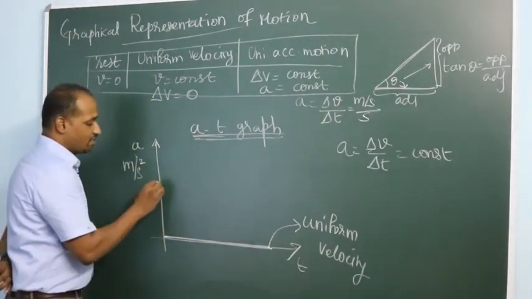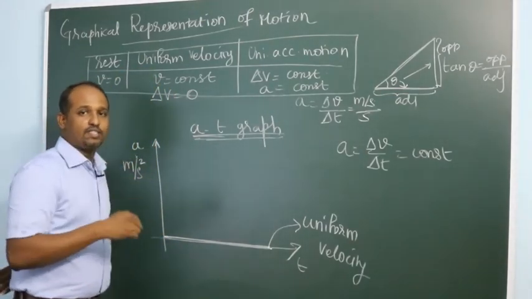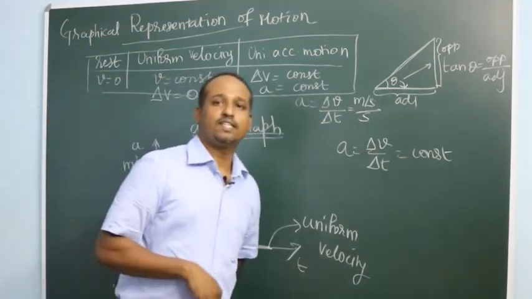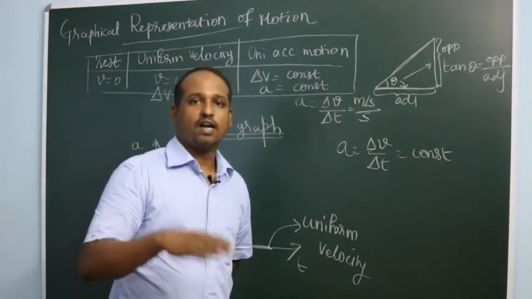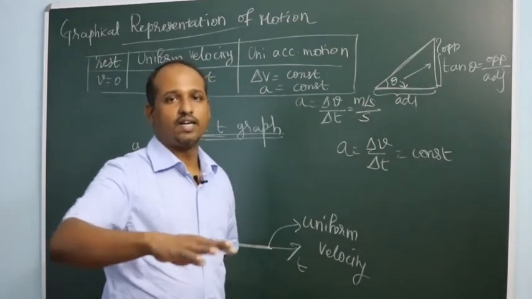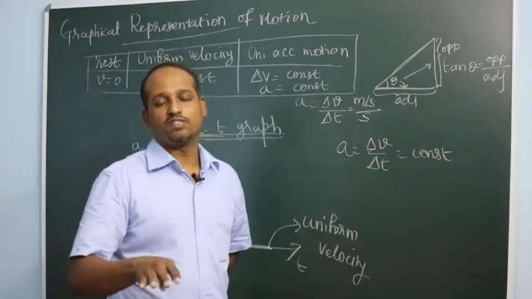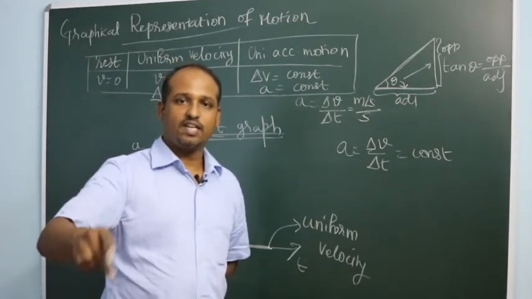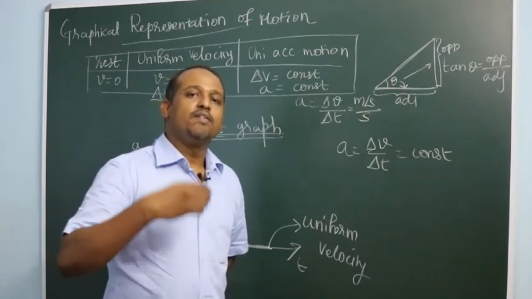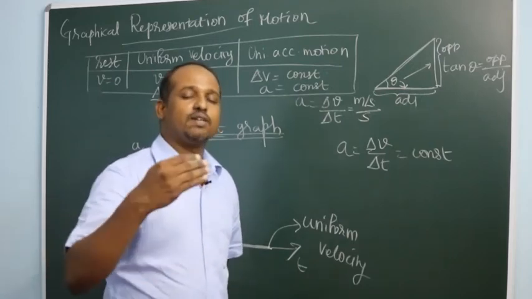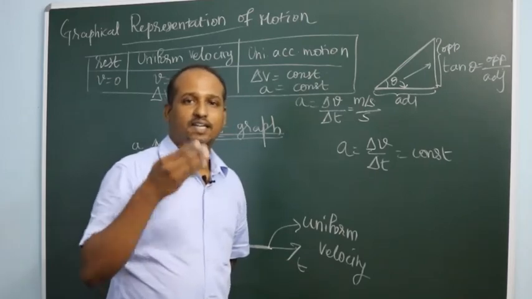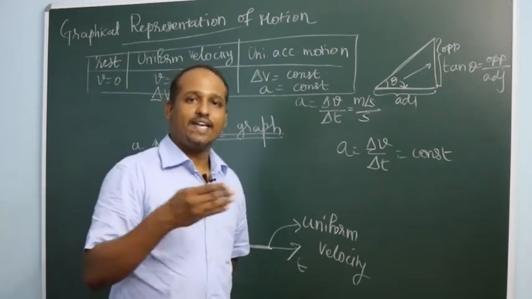When acceleration is constant, there are only two types. One is positive acceleration, the other one is negative acceleration. You're going in a car and you apply brakes and the car comes to a halt. In this case, if the braking force is constant, acceleration is constant. Here the acceleration is making the object come to rest. That is called negative acceleration or retardation or deceleration.